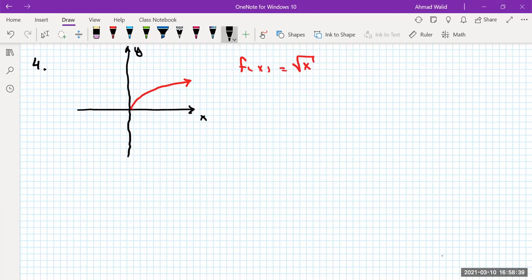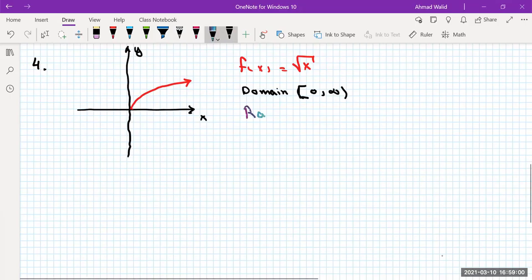Some information, starting with the domain. The domain of this function always starts from 0 to infinity. Range starts again from 0 to infinity.